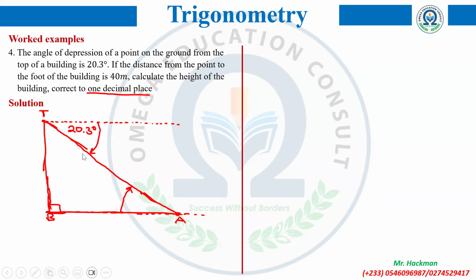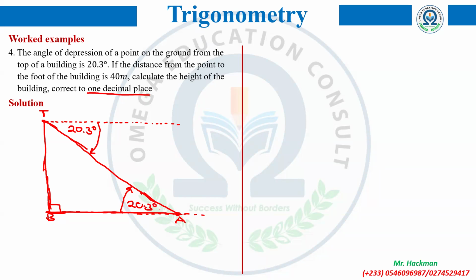The angle that the person up here will turn down to locate the person down here will be the same angle that the person down here must turn up to sight the person up here. Is that clear, my professors? So this will be 20.3 degrees as well.